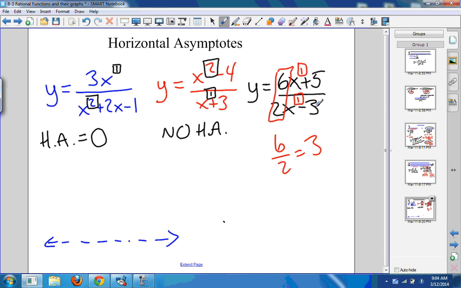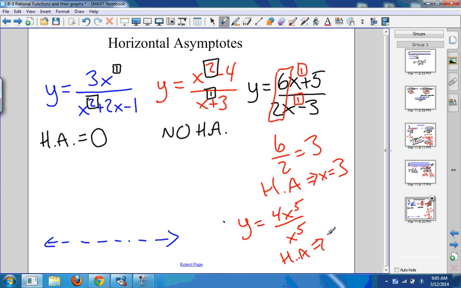So we will have a horizontal asymptote at 3 for a problem like this. Also, if I had something like y equals 4x to the 5th over x to the 5th, here we're going to have a horizontal asymptote. So you can guess at 4. There's a 1 here, so it'll be 4 over 1. Horizontal asymptote at 4.